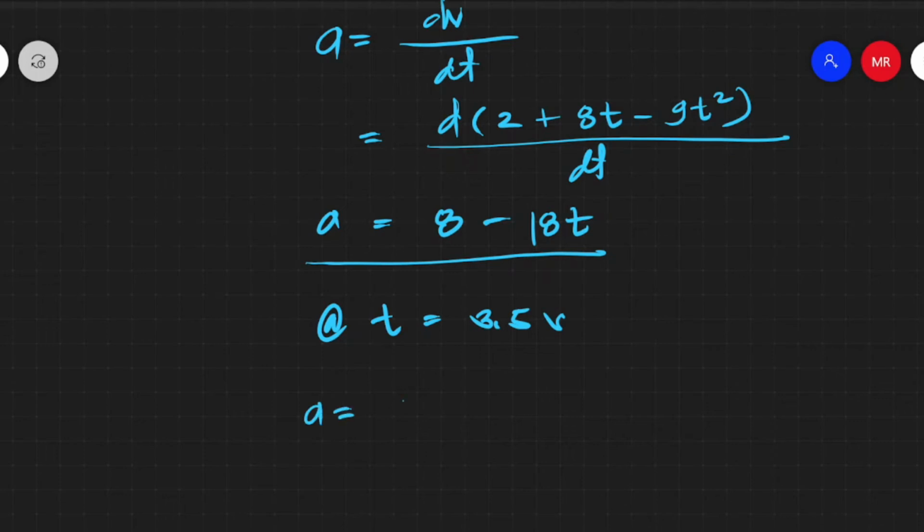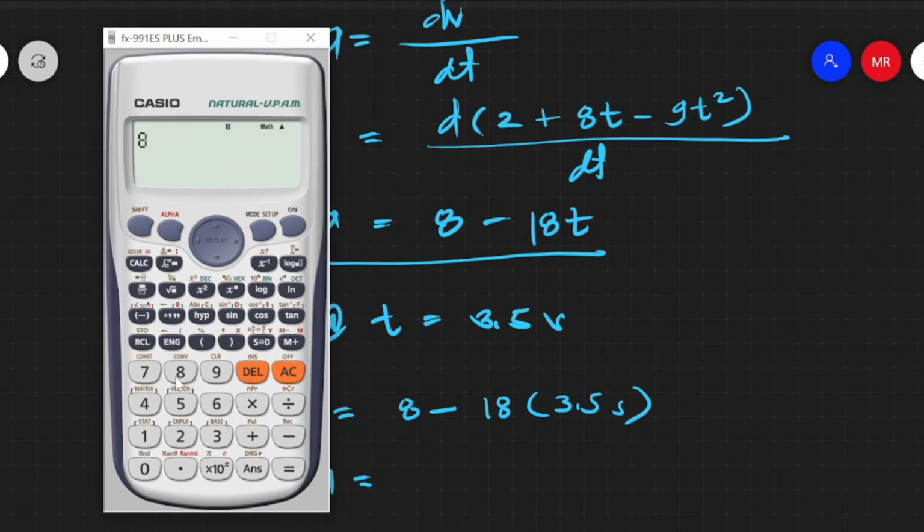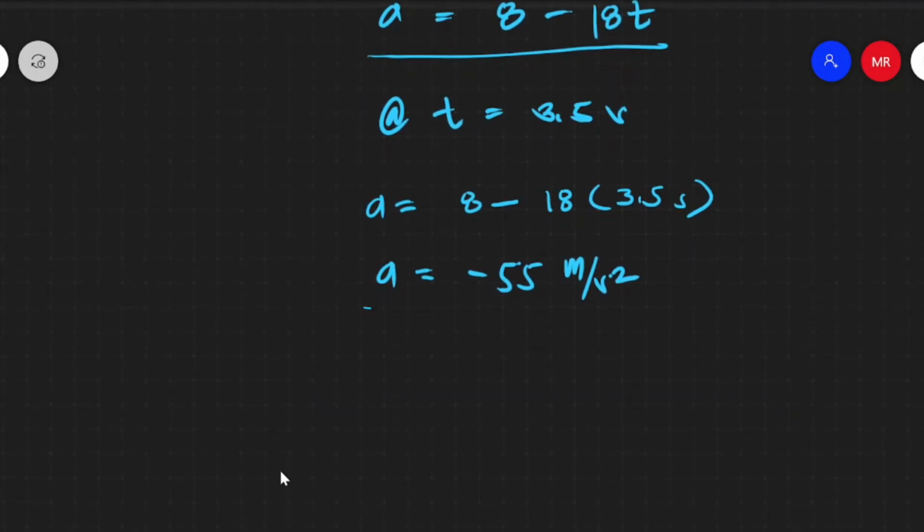Therefore our acceleration will be equal to 8 minus 18 times 3.5 seconds, which is equal to negative 55 meters per second squared. So this is now our acceleration.